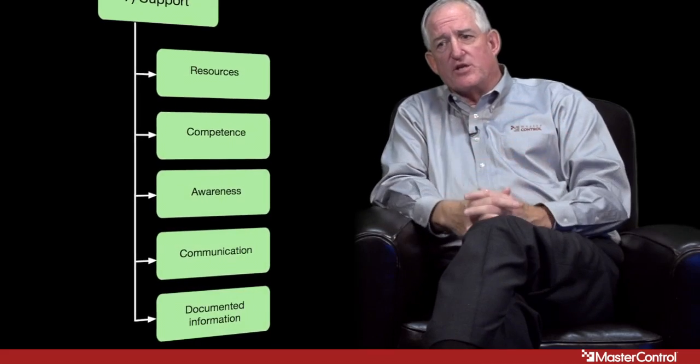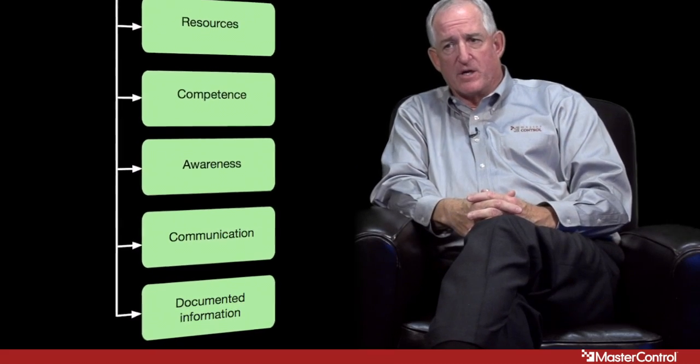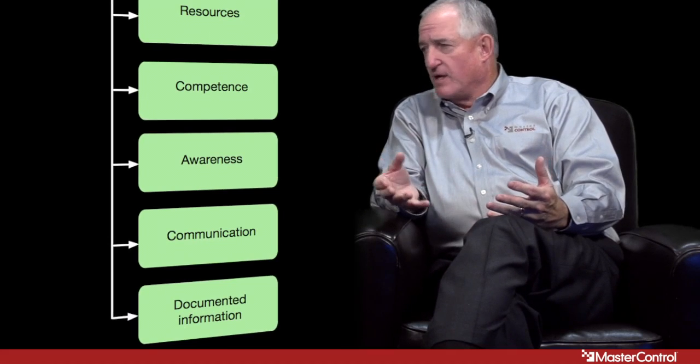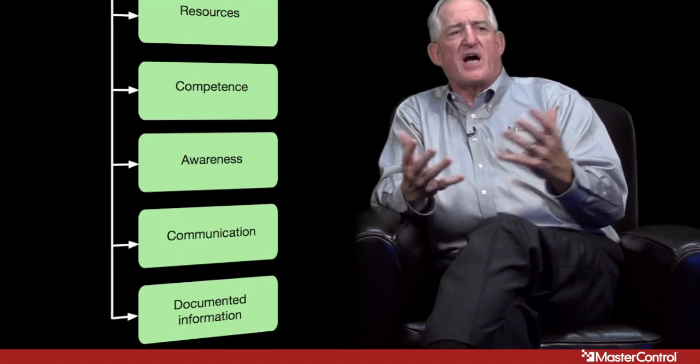And of course, what comes in hand with that is making sure that there are no risks associated with the competency levels for those people who have roles and responsibilities in the organization. Awareness and communication now becomes imperative. Using technology venues for communicating information, MasterControl system is designed to do that.